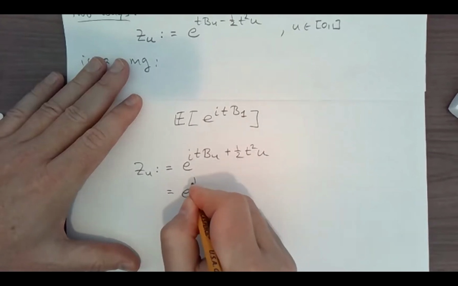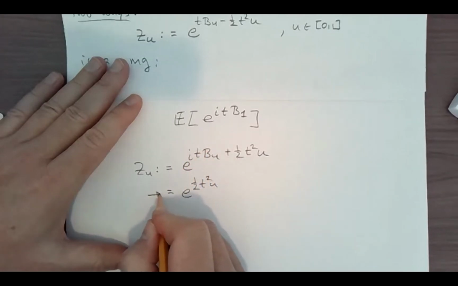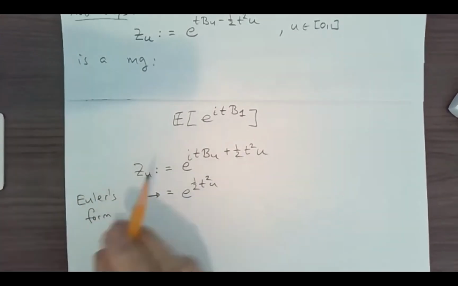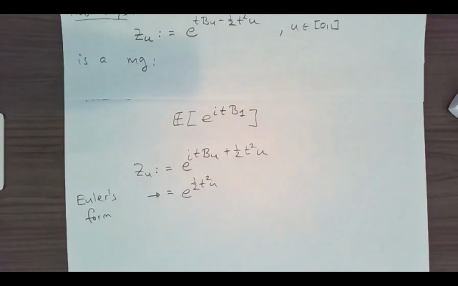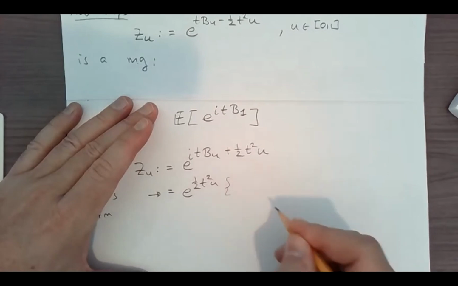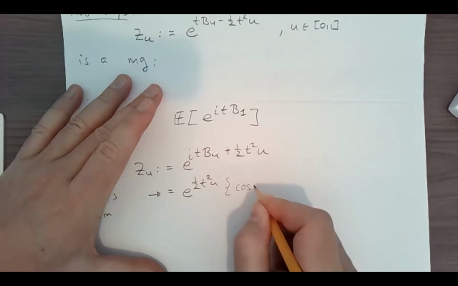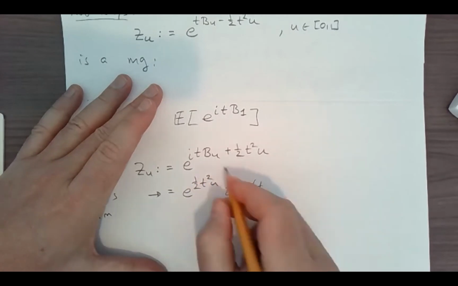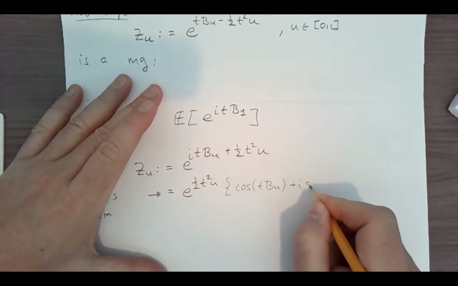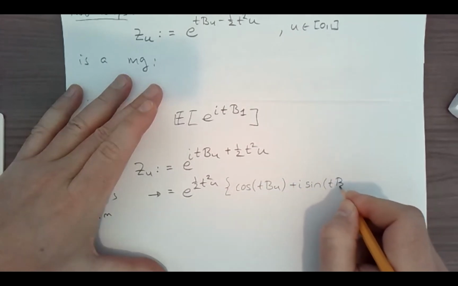This is e to the 1/2 t squared U, and then this here is Euler's form. It'll be cosine t BU plus i sine t BU.